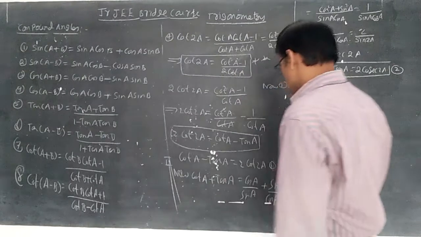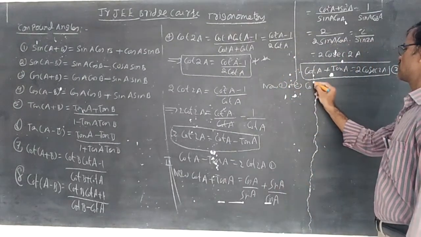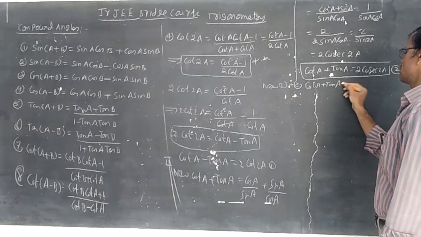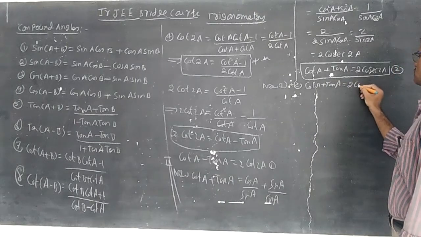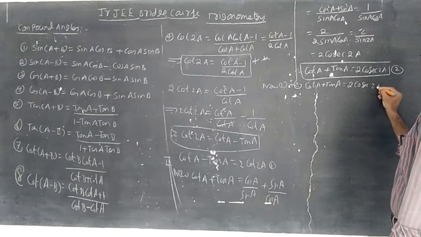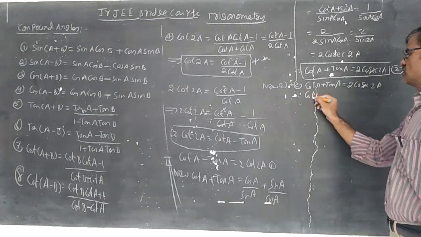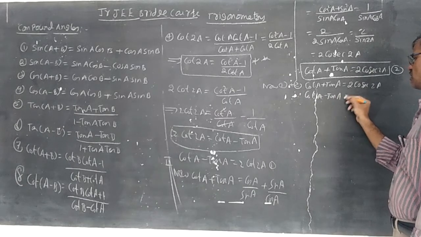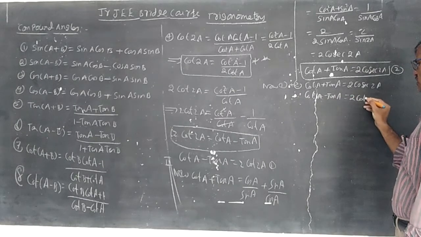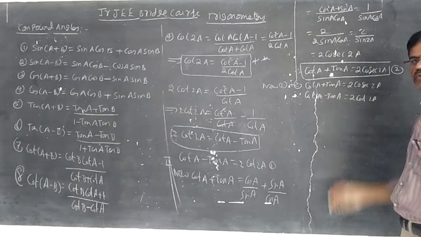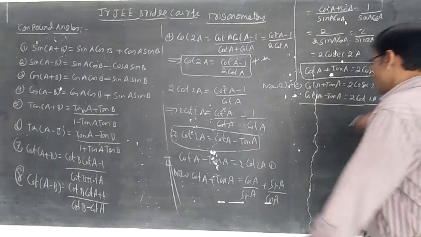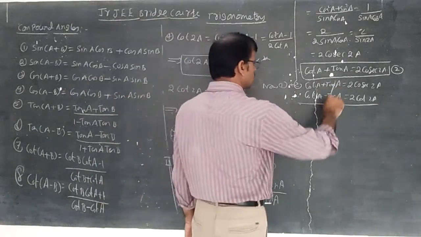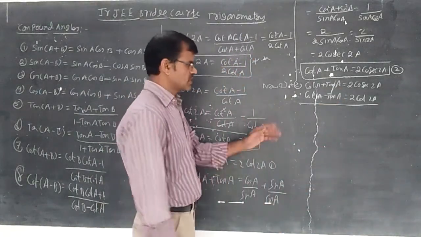Now 1 plus 2. Cot a plus tan a is equal to 2 cosec 2a, and cot a minus tan a is equal to 2 cot 2a. Simply add them, so tan a and tan a get cancelled.